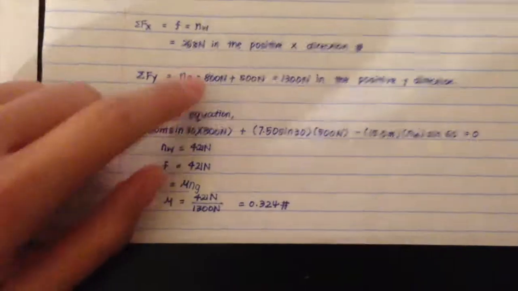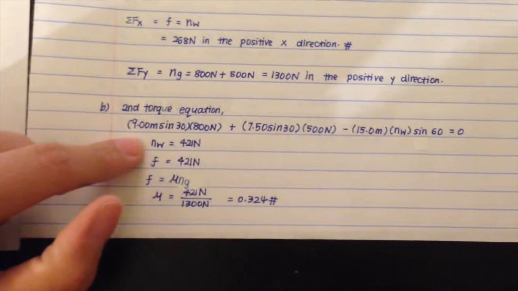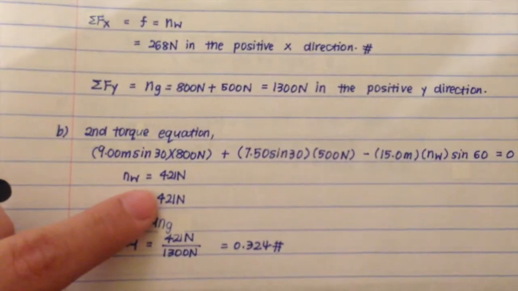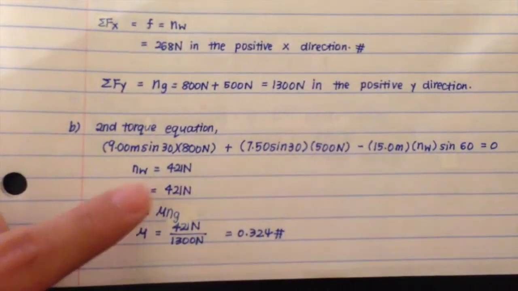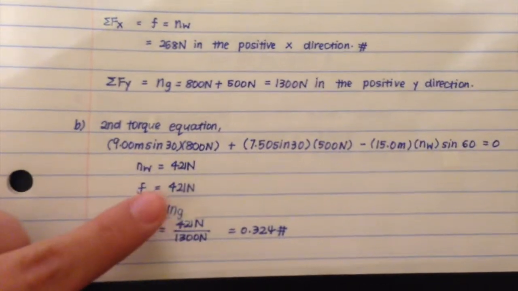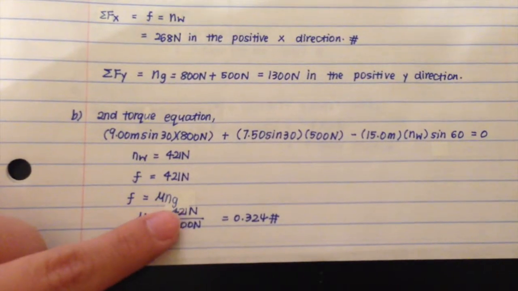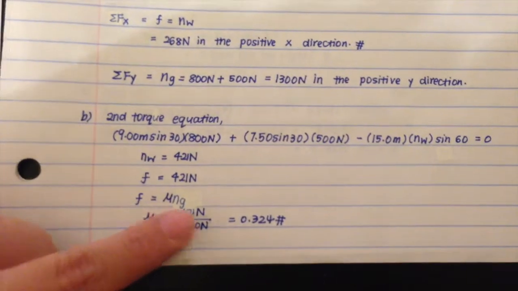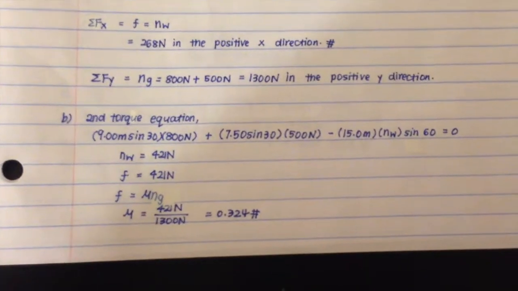This is the second torque equation, and in the same way I find the normal force, which in this case is 421. The static friction force is also equal to 421, and I'll use the static friction equation to find mu, which eventually turns out to be 0.324, and that's the answer.